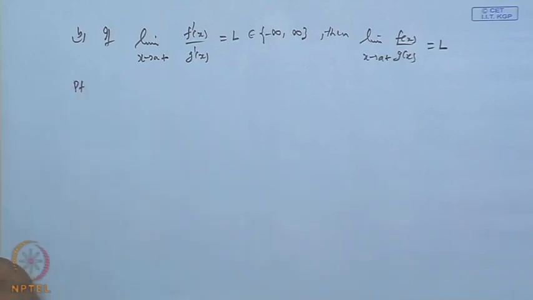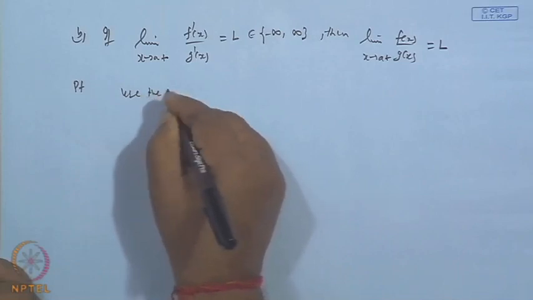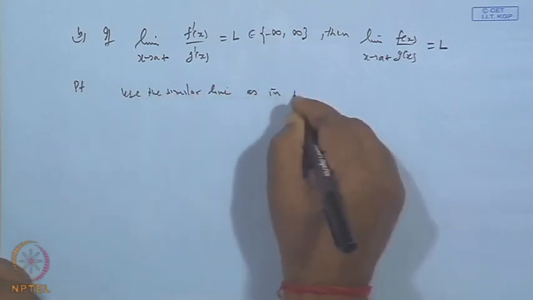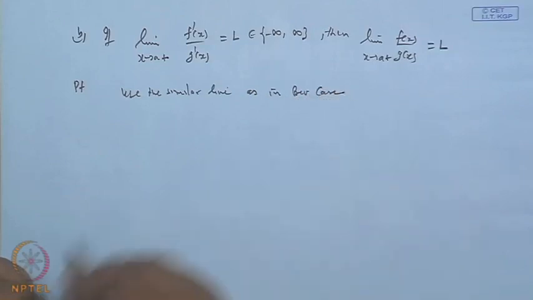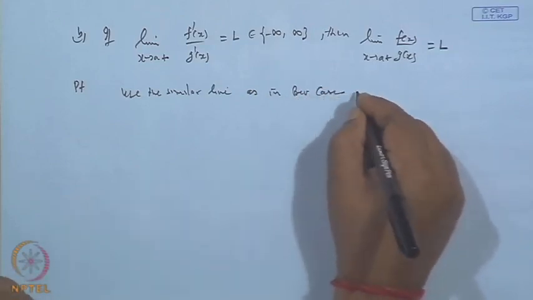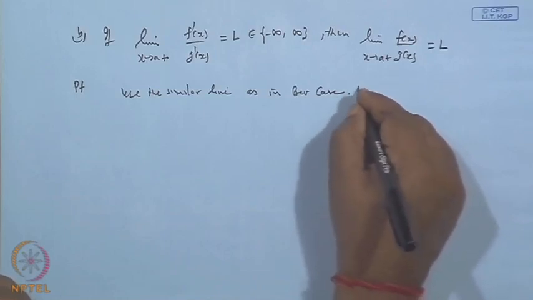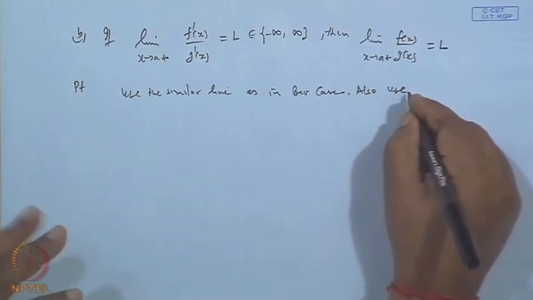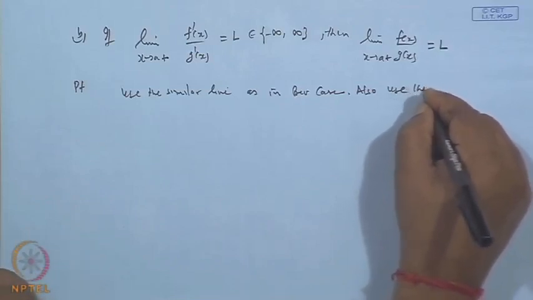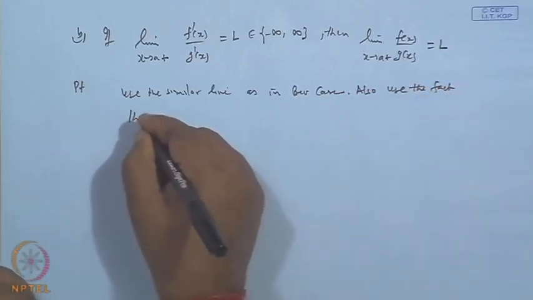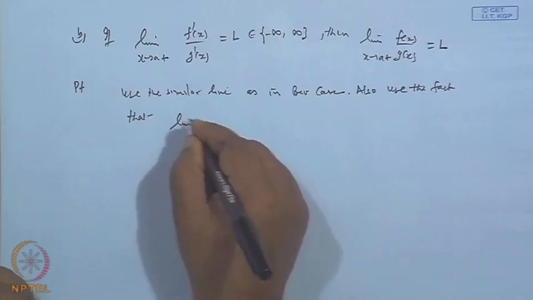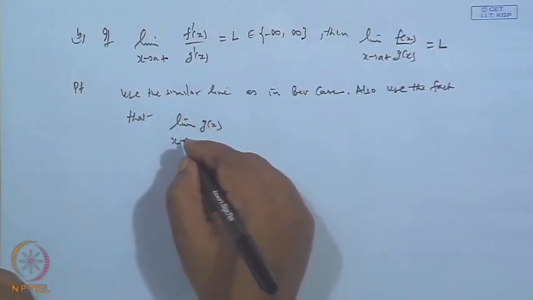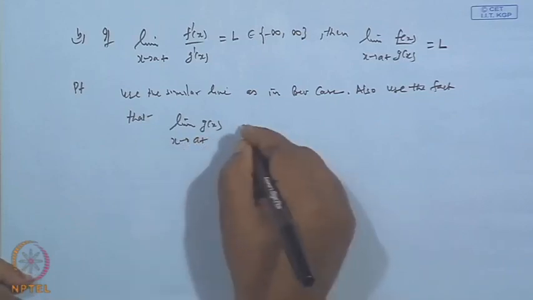except that here we use the similar lines as in the previous case, and also use the fact that the limit of g x as x tends to a plus is infinity.